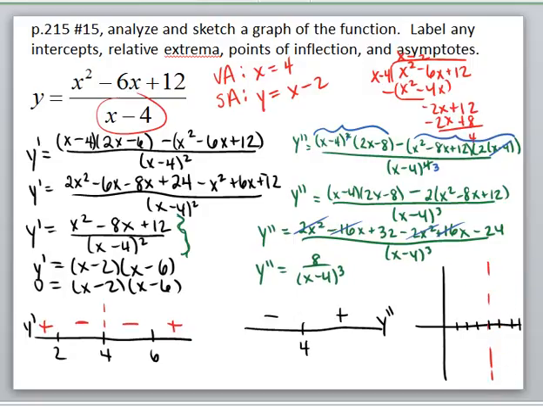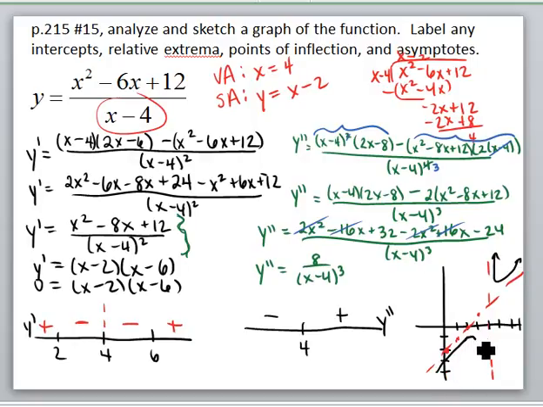I have a slant asymptote at y equals x minus 2, so that would be here, up 1 over 1, up 1 over 1, up 1 over 1. There's my slant asymptote. And then I know that it is concave up over here and concave down over here. So basically I know it's going to squeeze in between these parts.